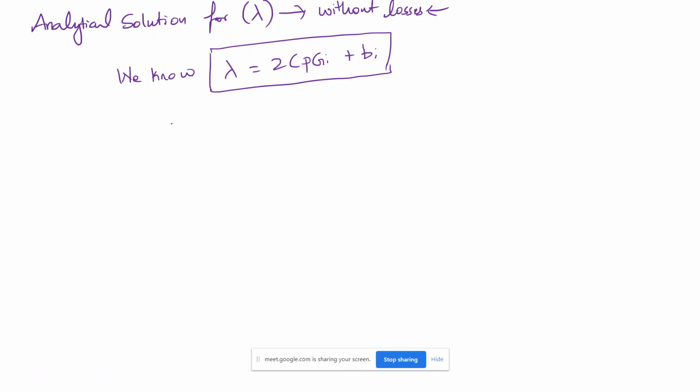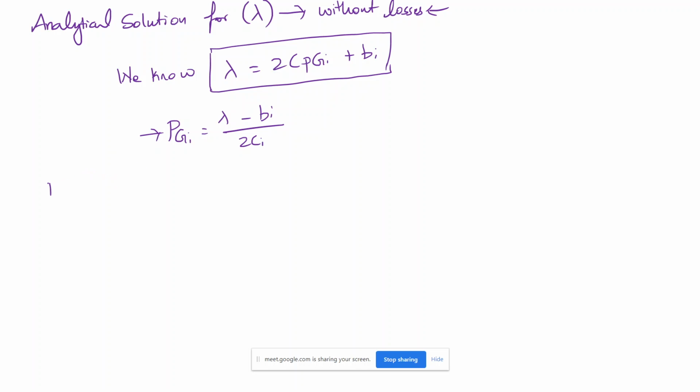From this, if I want to find out the power generated of the ith generator, then PGi is (lambda minus bi) divided by 2ci. So this is nothing but the power generated. And then we know the power balance equation. What is the power balance equation or constraint?